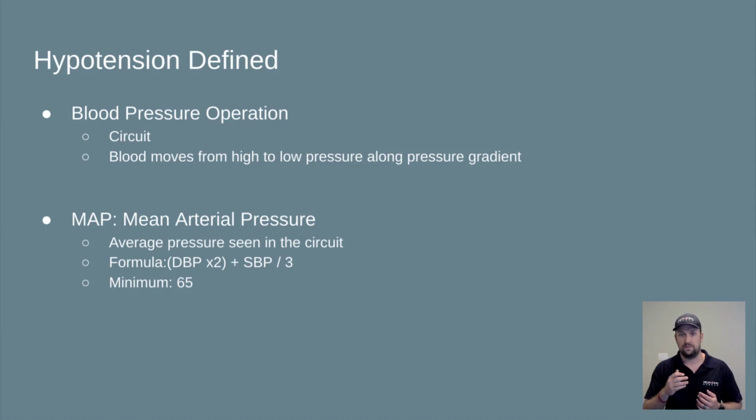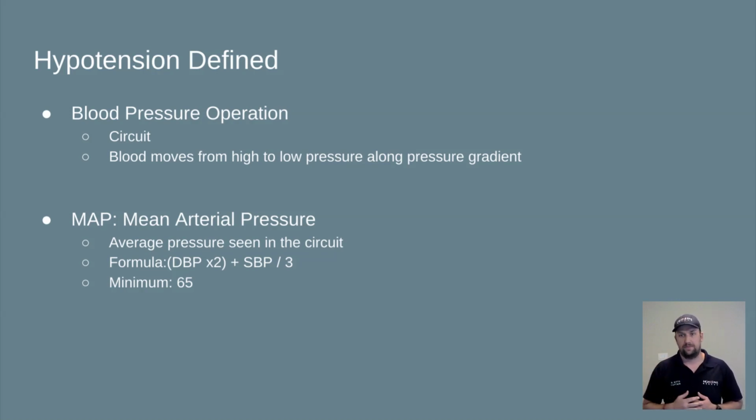So it needs more time in the diastolic or the rest phase in order to move the blood. So when we're averaging this, and it's spending 2/3 of the time in the diastolic phase and only 1/3 of the time in the systolic phase, that makes sense why we do 2 diastolics and 1 systolic, and we divide by 3 to get the average or the mean pressure over that amount of time, in this case, 1 cardiac cycle.